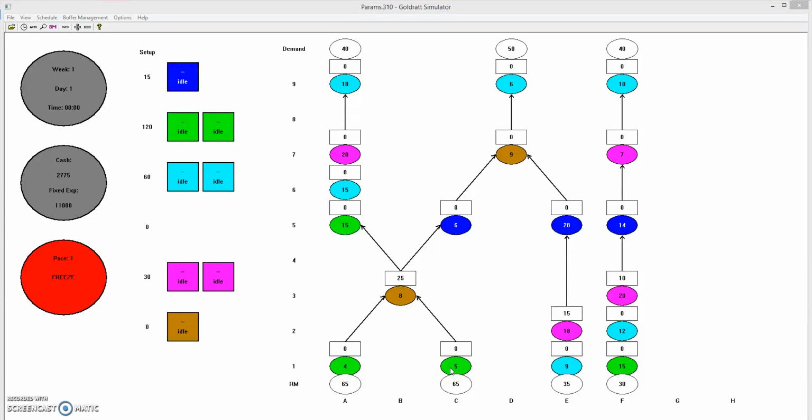So with all those things in mind, next we should be talking about how to run the simulation and what philosophies we can adopt to run this.